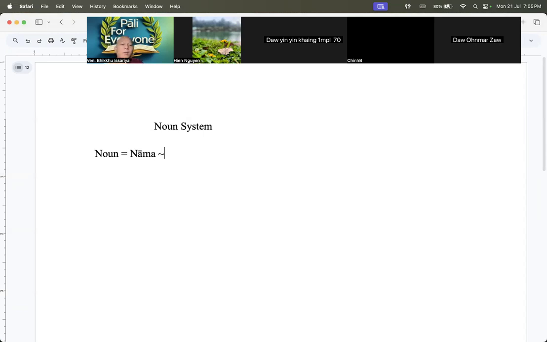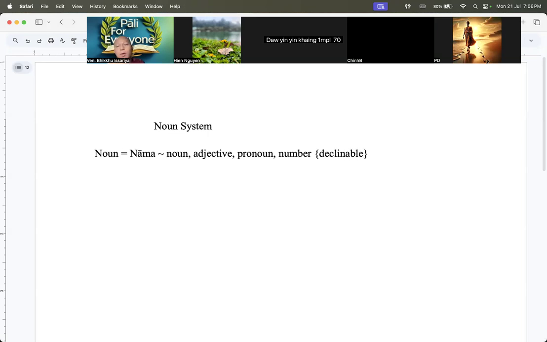Under the nama, not only nouns but also adjectives, pronouns, and numbers, sankhya, are included. All of these can be declined. Later we will see declinable ones. All declinable ones are called nama in Pali.